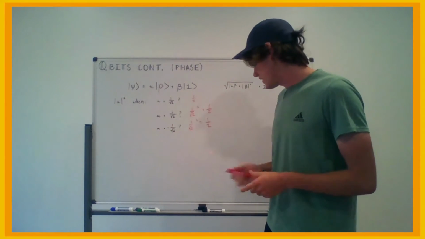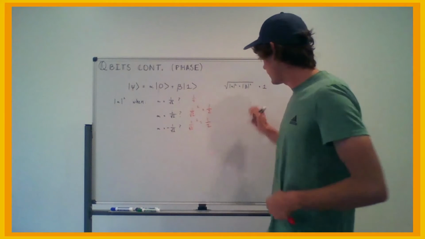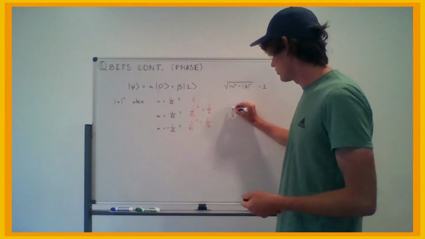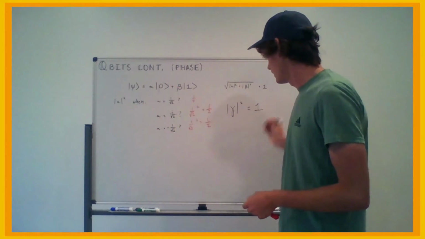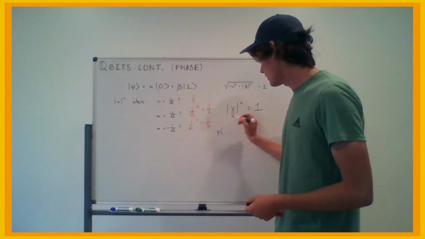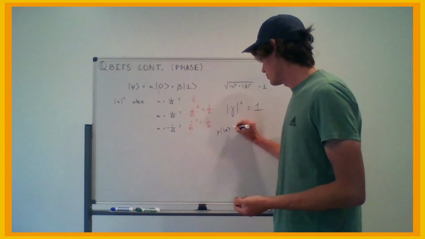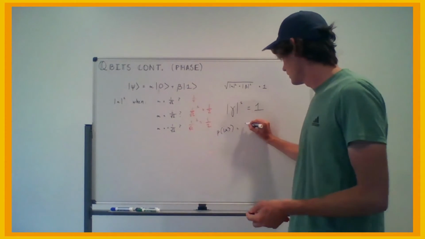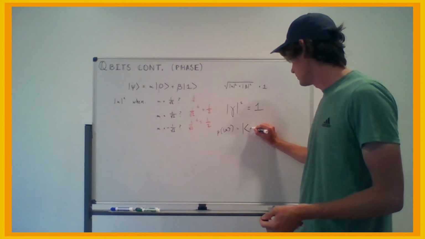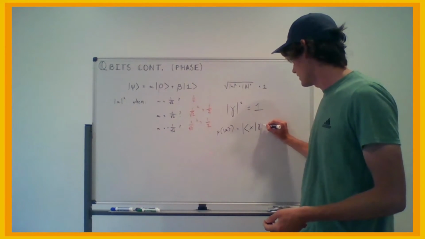So what we say for global phase is, you have a global phase gamma, such that its squared magnitude is equal to 1. Then we can say that the probability that we observe x from some state gamma times a is equal to the squared magnitude of x gamma times a.